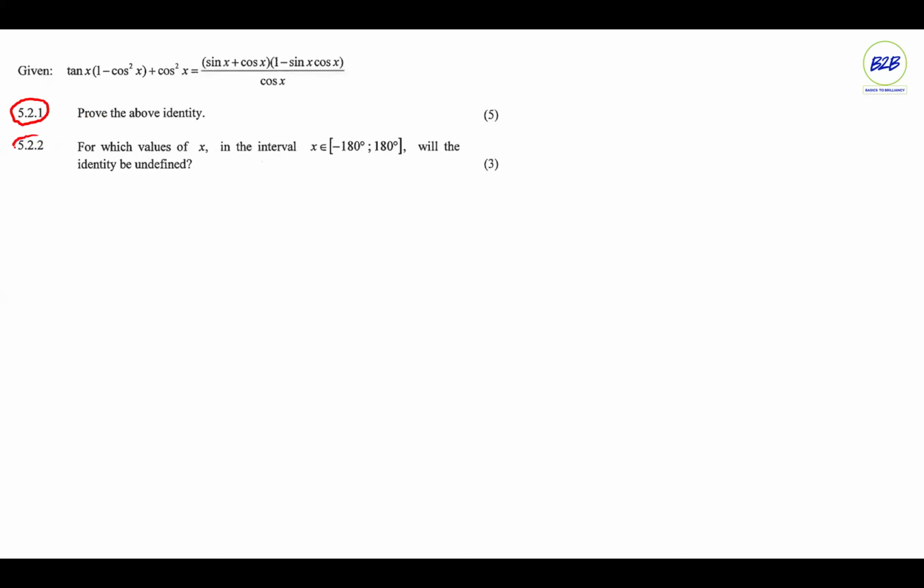For this episode, we will do specifically 5.2.2: for which values of x in the interval where x ranges from negative 180 degrees to positive 180 degrees will the identity be undefined? You know how it goes. Denominator equal to what? 0. All right. So do attempt that, pause the video, attempt it, and then compare the solution.